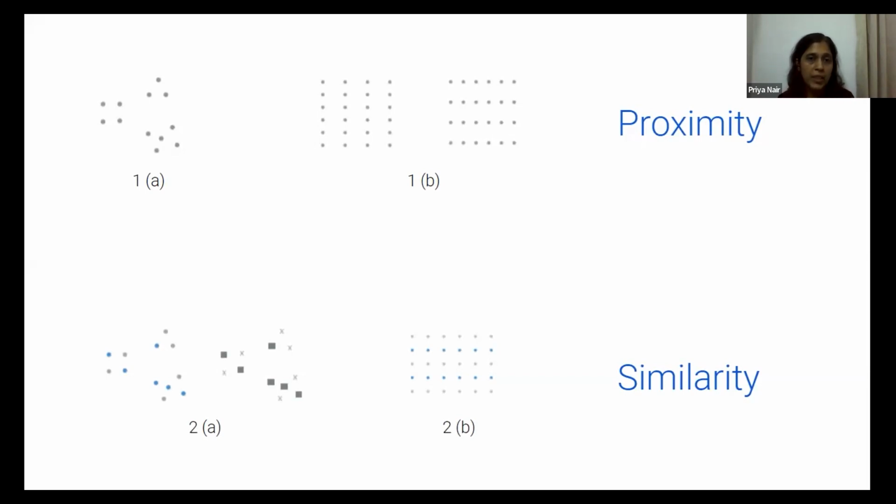Because of the proximity of those dots, to the section where they are nearer to, you feel that it is a group.